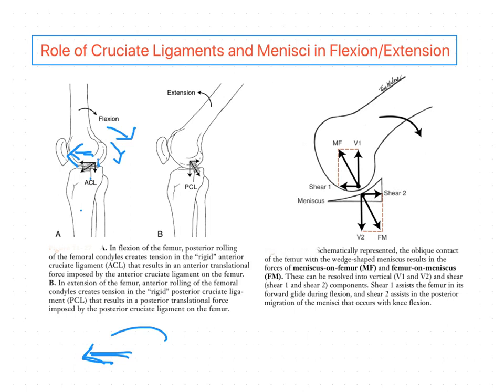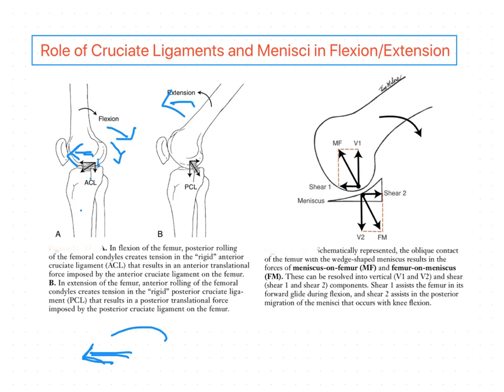During weight bearing knee extension, the femoral condyles roll anteriorly on the tibial plateau in this way. So then what will happen? This is checked by the posterior cruciate ligament, and this will create posterior translation on the femoral condyles.